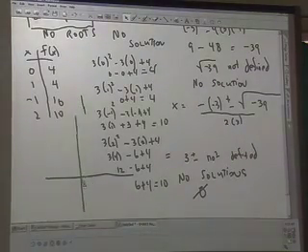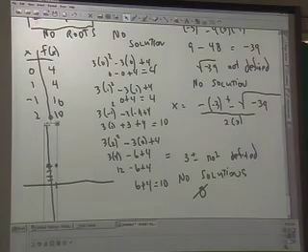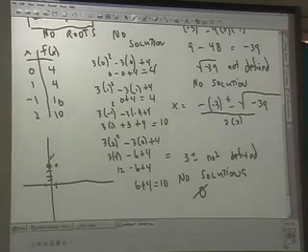Now we're going to go ahead and graph this and see what it looks like. So 0 and 4: over 0, up 4. 1 and 4: over 1, up 4. That's another point. And we've got negative 1 and 10, so we go over 1 to the left, up 10, and we've got a point right there.